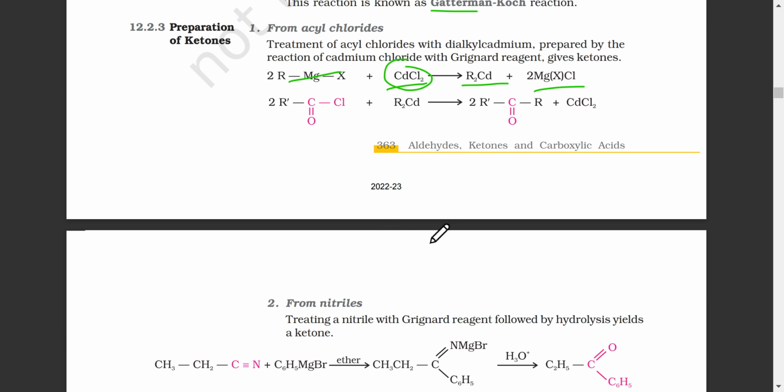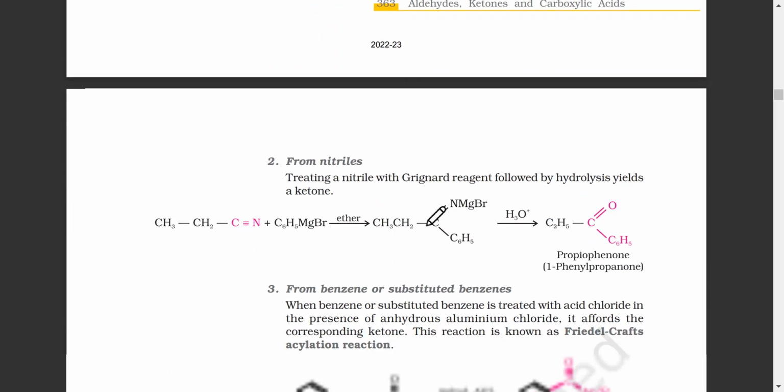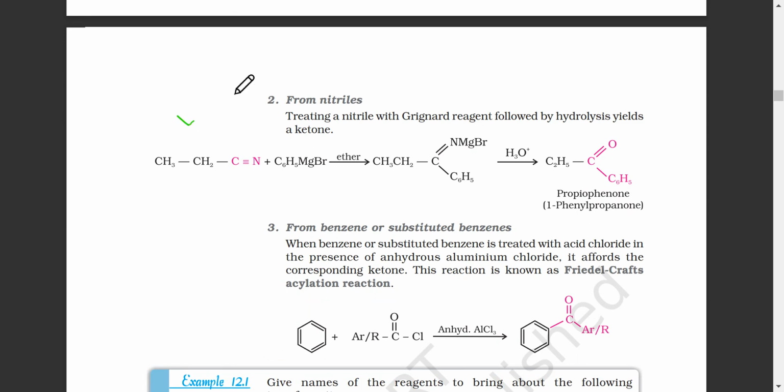Fine. Next up, we have from nitriles. Treating a nitrile with Grignard reagent followed by hydrolysis yields a ketone. Again, nitrile ले लिया हमने. Fine. This is a nitrile, C triple bond N. और हमारे पास RMgX है, X Br है और R हमारे पास यहाँ C6H5 है. Fine. In presence of ether, हमें क्या मिलेगा? यहाँ पे again you'll have plus minus.